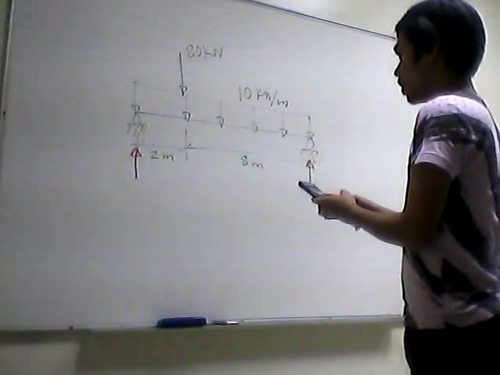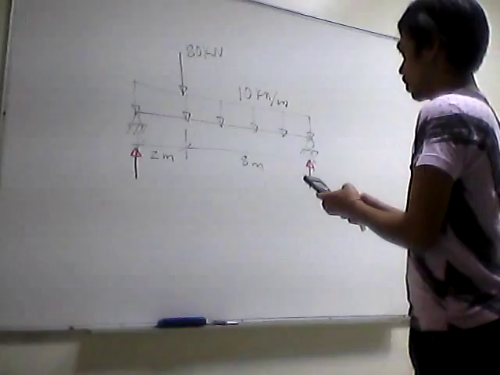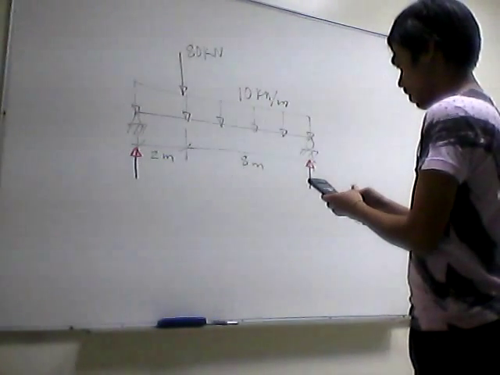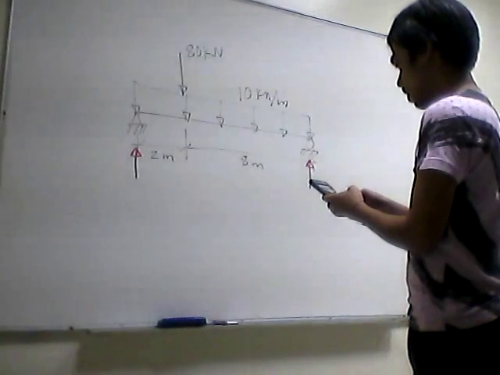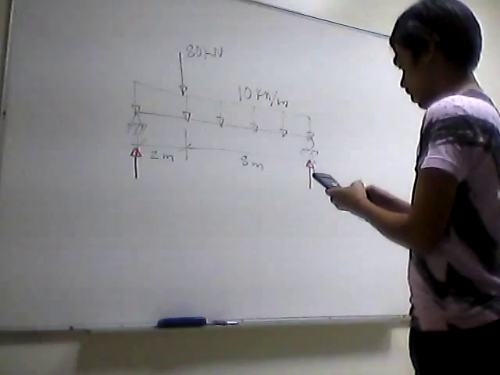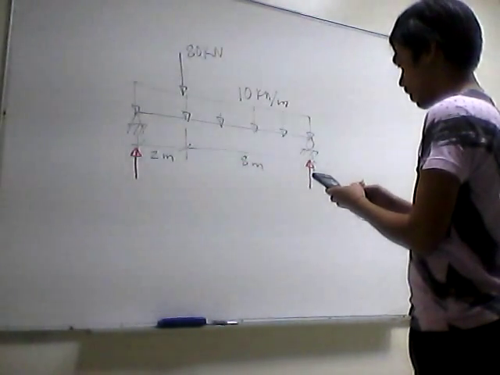So 80 multiplied by 2 plus 10 multiplied by 10 divided by 10.